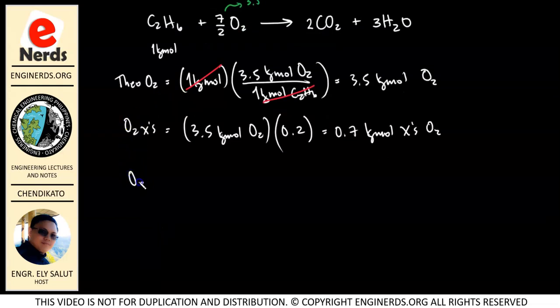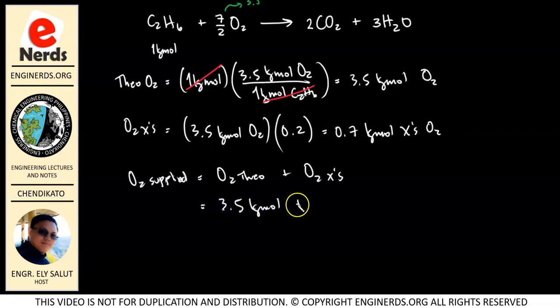So our O2 supplied is equal to theoretical O2 plus excess O2, right? So our theoretical O2 is 3.5 kilogram mole, and our excess O2 is 0.7 kilogram mole.